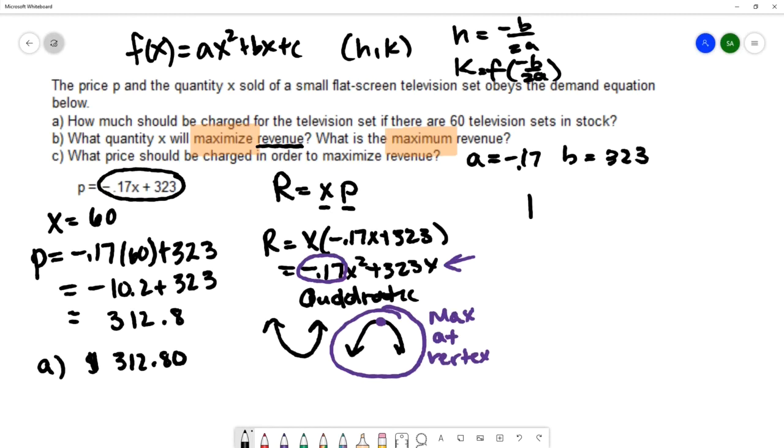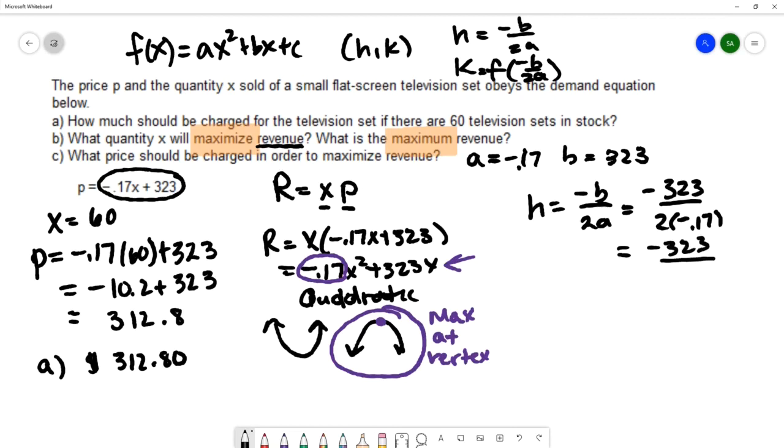So we'll find h, the x-coordinate of our vertex, by doing negative b over 2a. That's negative 323 over 2 times negative 0.17. Negative 323 over, let's do that multiplication, 0.17 times 2, and that's negative 0.34. So then we'll do 323 divided by 0.34.